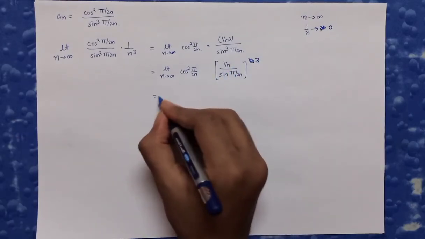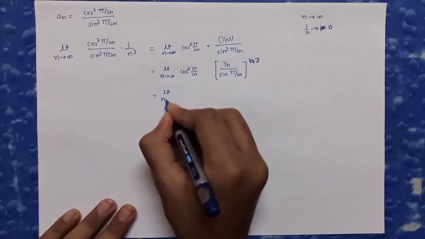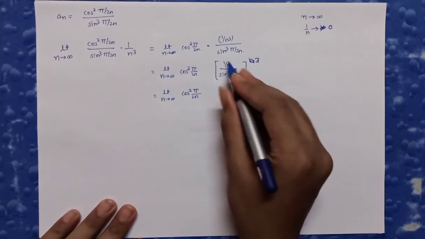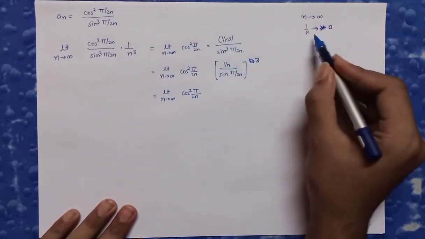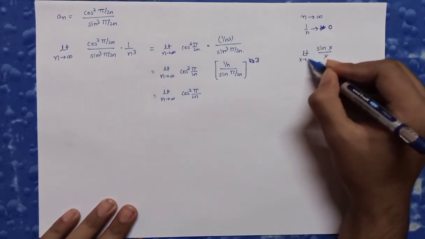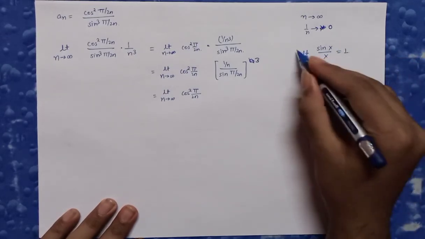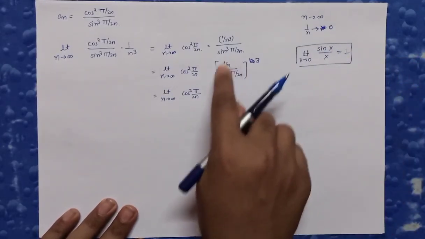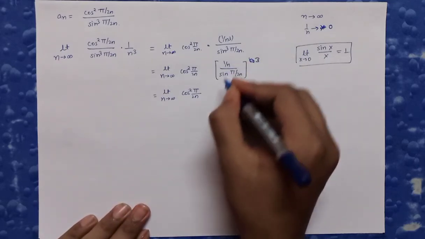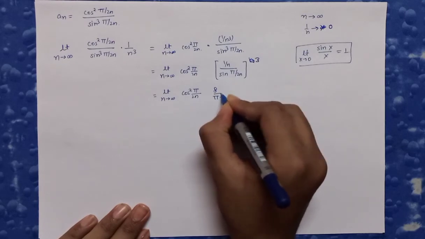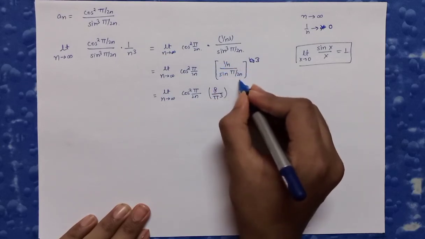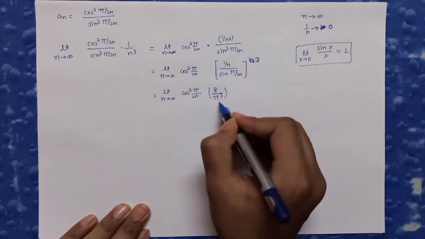Clearly the value of this limit, because 1 by n is tending to 0, and we also know that the limit of sin x by x as x tends to 0 is nothing but 1. Using this identity, I can get the value of this limit, which is 2 by pi and whole cube, 8 by pi cube.